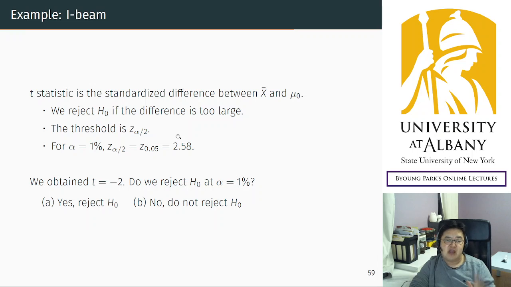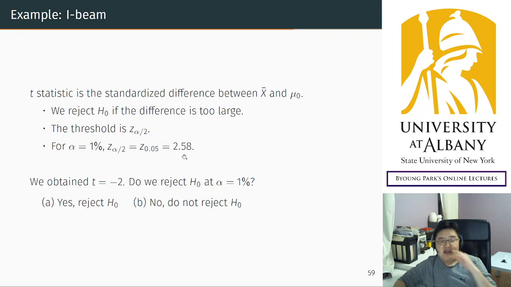Now you calculated the t-statistic and you know the decision rule. Then what is your decision? What is the final decision? Okay, the answer is, you do not reject. Remember, the cutoff is 2.58.